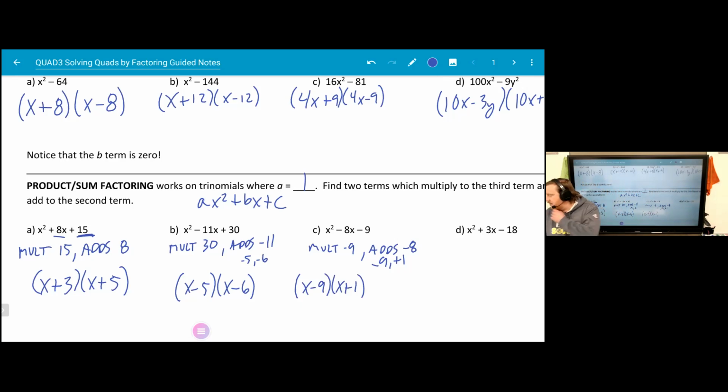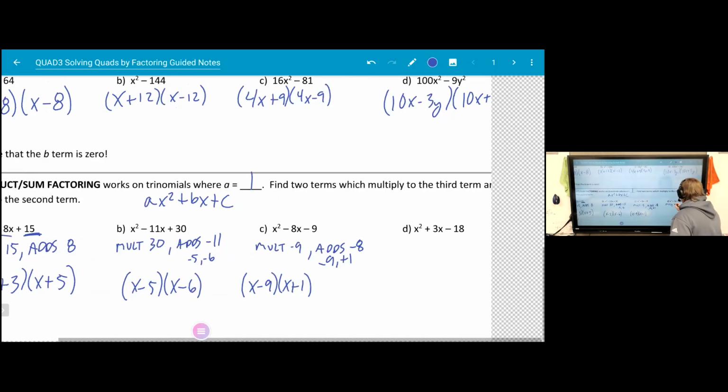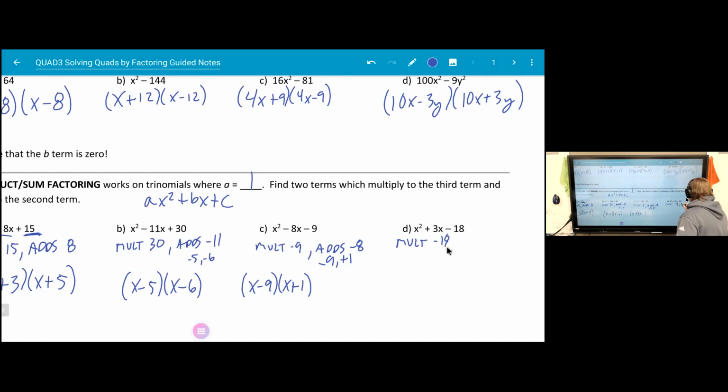Okay, let's see here. We got one more that you practiced with. What did you find that multiplied to -18 but adds to +3? If you're multiplying to a negative number but adding to a positive, well, when you're multiplying two numbers together and it's negative, one of them's got to be negative. Not both, but one of them has to be.